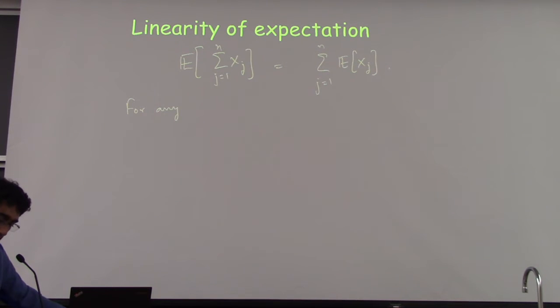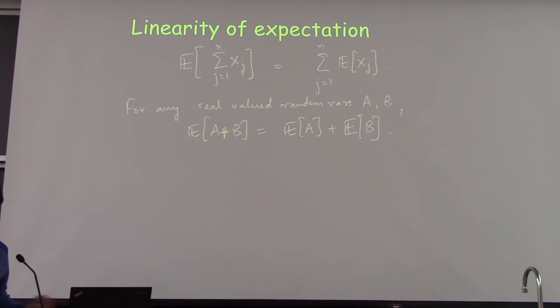For any real valued random variables A and B, the expected value of A plus B equals the expected value of A plus the expected value of B. The proof of this is relatively straightforward, but if you try to work it out from the definition, it's a little bit tricky.